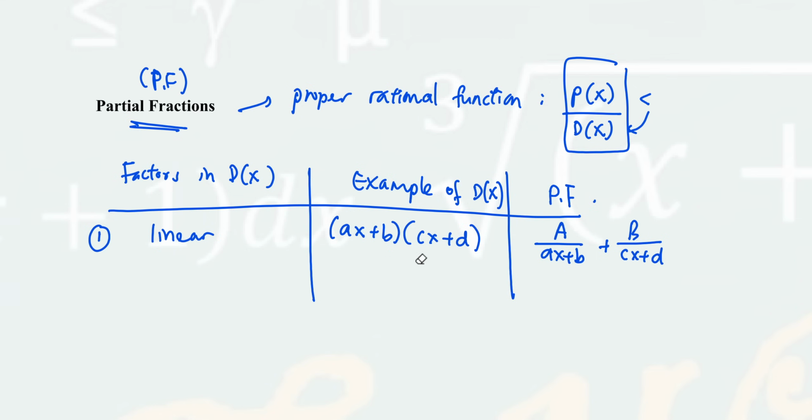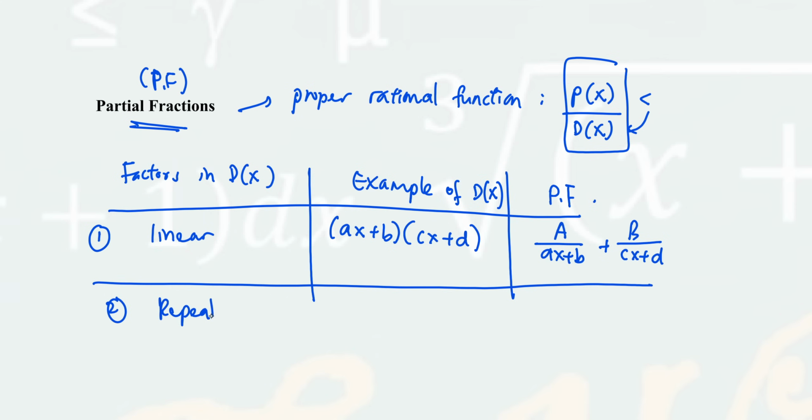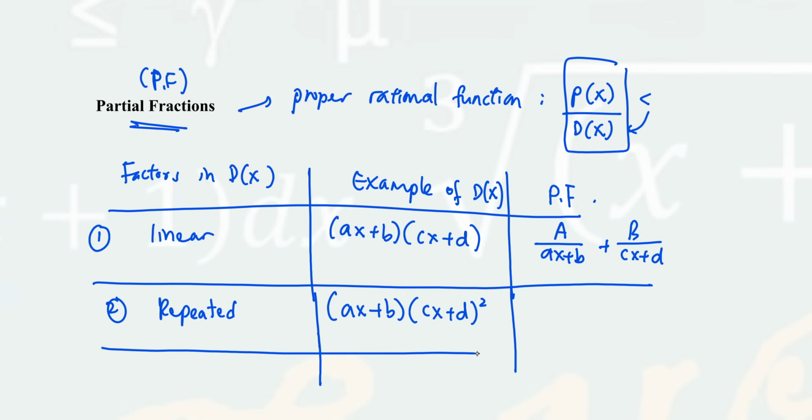Now the second case is you are given a repeated factor in the divisor. Just an example: ax plus b multiplied with the square of cx plus d. The square is outside the bracket. That is called repeated factors.